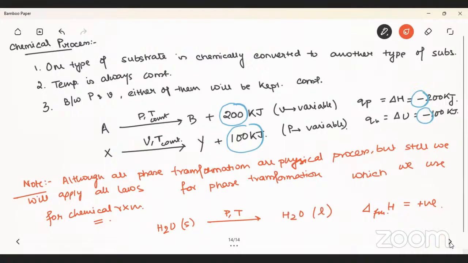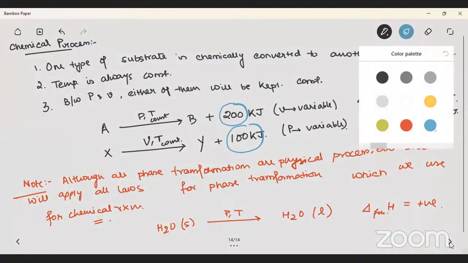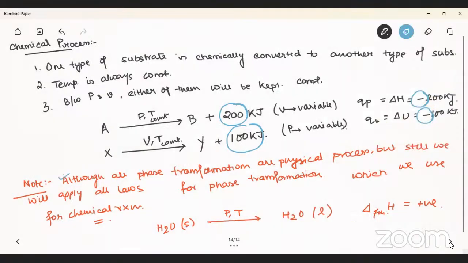But now ma'am has used the equation for a chemical process here, so this should be wrong. No. Remember this note: although those phase transformations are physical, for writing the equation we use the format for a chemical equation. So this is 100% true.